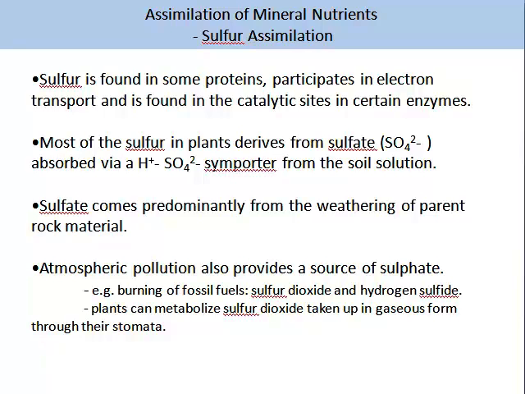Sulfate comes predominantly from the weathering of parent rock material. Atmospheric pollution also provides a source of sulfate. For example, burning of fossil fuels releases sulfur dioxide and hydrogen sulfide. Plants can metabolize sulfur dioxide taken up in gaseous form through their stomata.